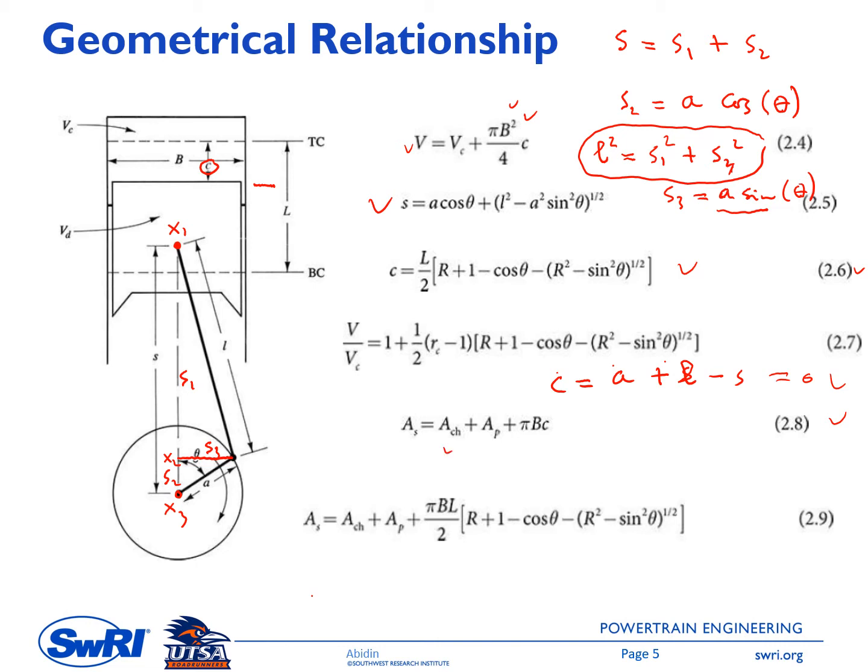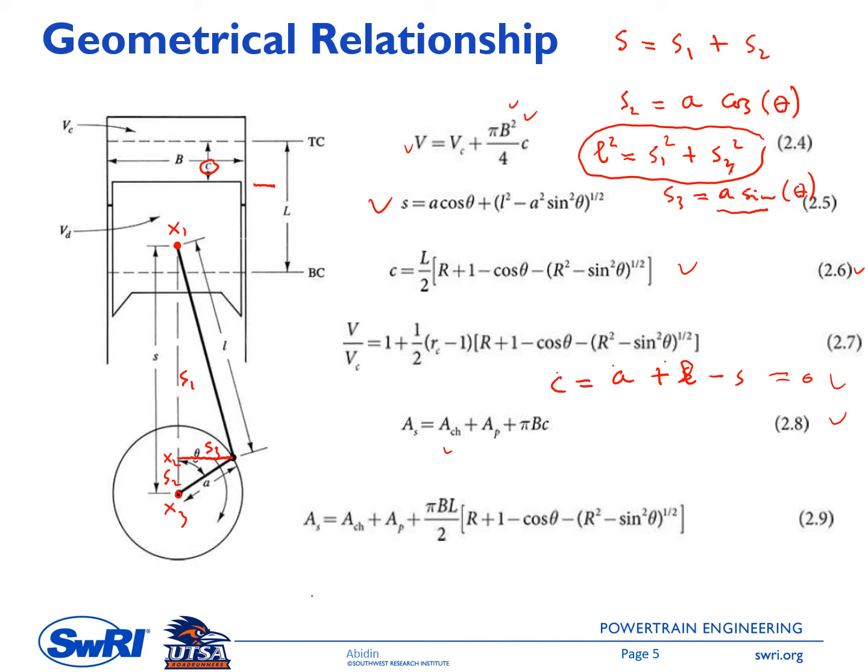If you have a simple flat cylinder head like in this schematic, then the area of the cylinder head is just pi times B squared over 4. But you will see that actual engines don't have such a simple cylinder head profile.